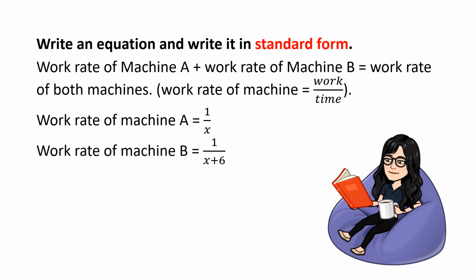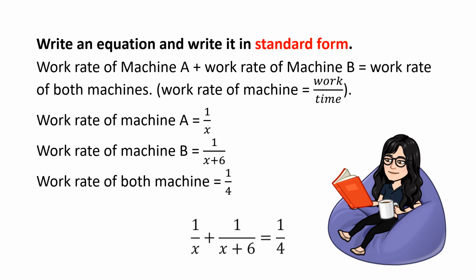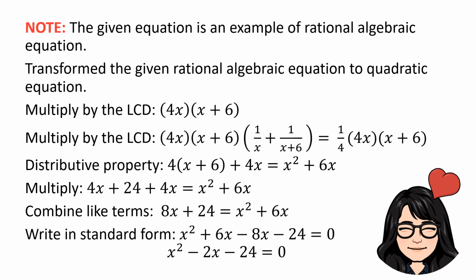The work rate of machine B is equal to 1 over x plus 6. Therefore, the work rate of both machines is equal to 1 over 4. So it becomes 1 over x plus 1 over x plus 6 equals 1 over 4. Take note, the given equation is an example of a rational algebraic equation.